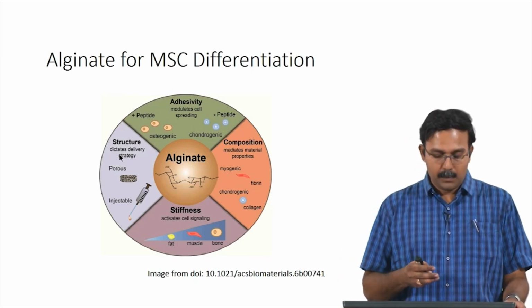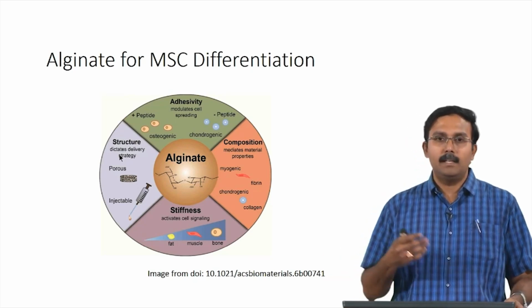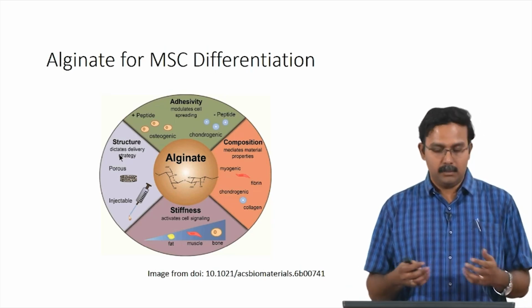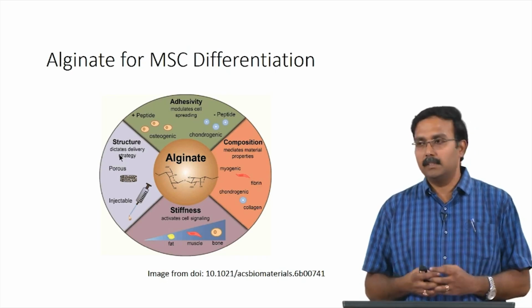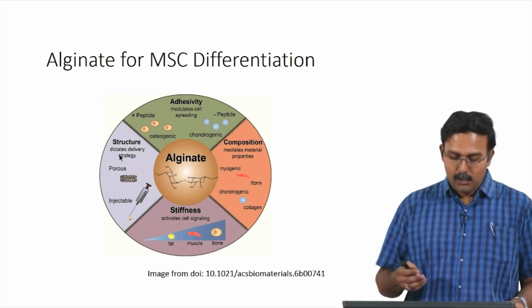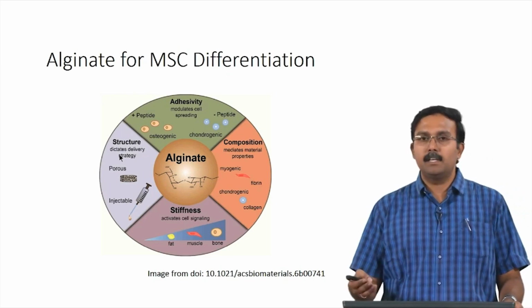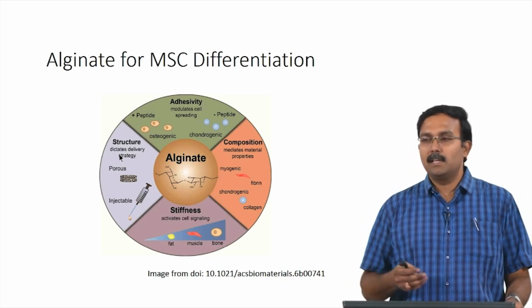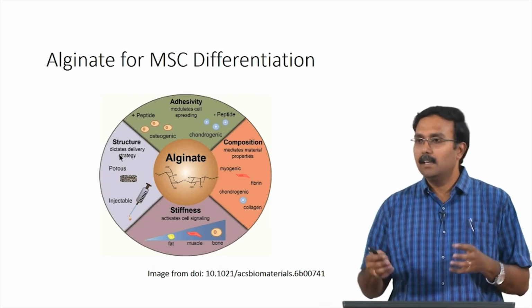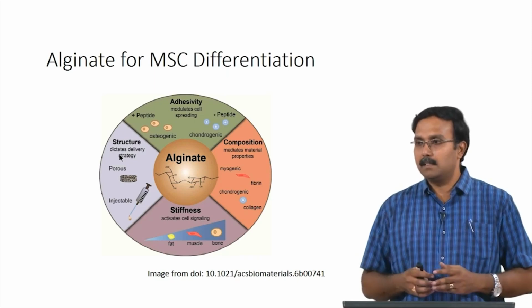Another factor shown to modulate differentiation is the adhesivity of the alginate material. In the presence of a peptide, people have observed osteogenic differentiation, whereas when there is no peptide, it differentiates towards a chondrogenic cell line, even when every other property is the same.